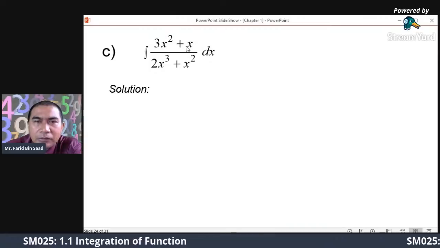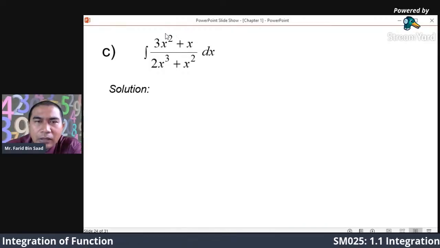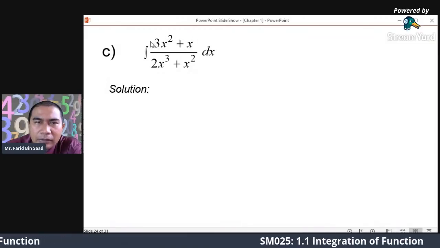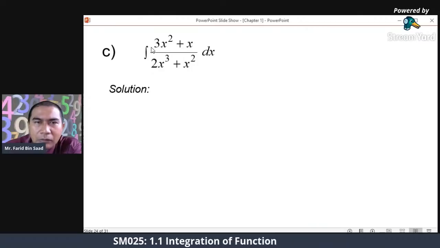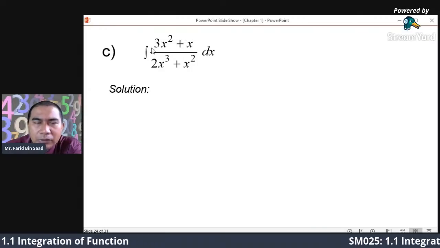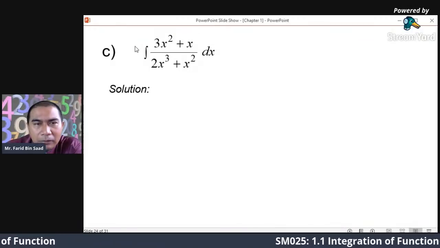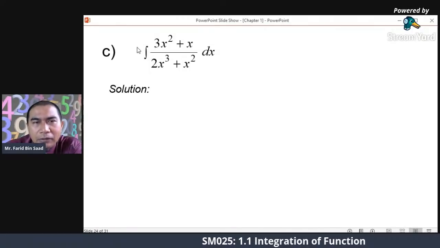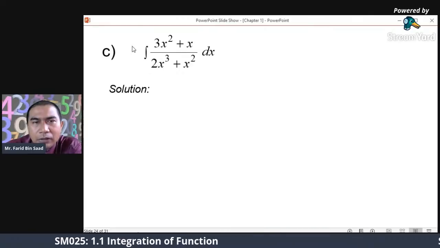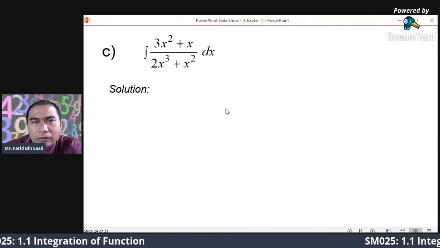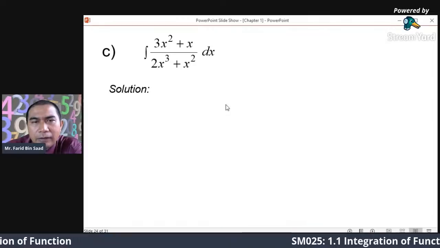If we multiply with 2 at the front, we already changed the question. So what we have to do is multiply all with 1 over 2. Put 1 over 2 at the front. Okay, I hope you understand that.